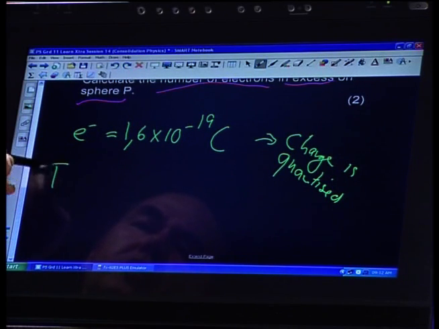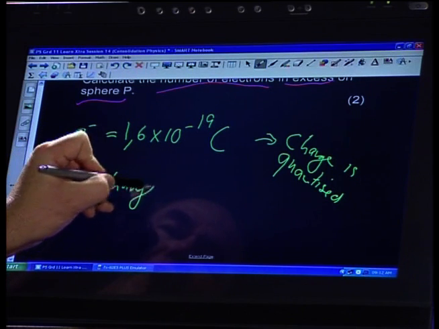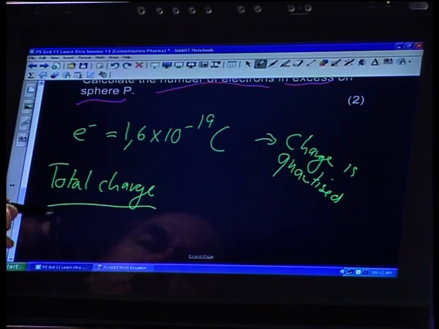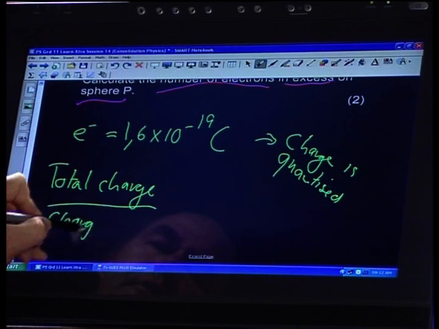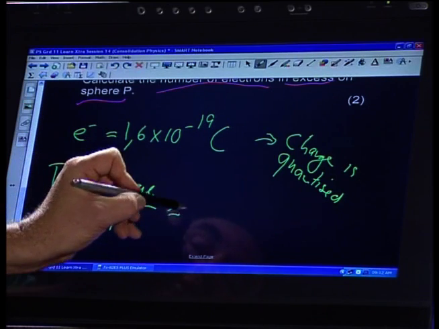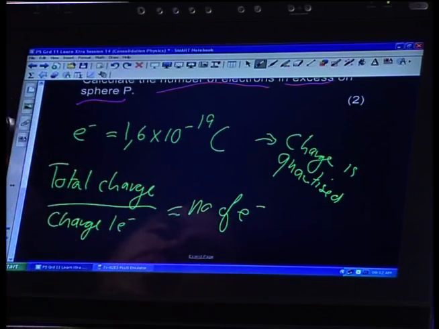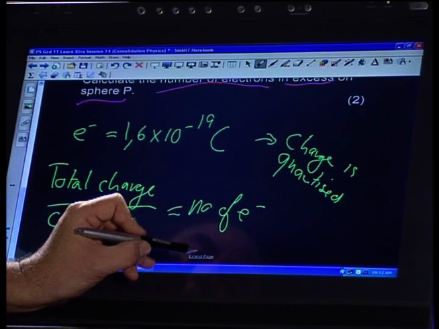So what we're going to do is we're going to say, let's take our total charge, and we're going to divide it by the charge on one electron, which is that number, and that will give us the number of electrons, and it has to be a whole number because charge is quantized.